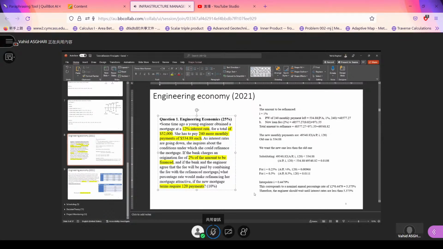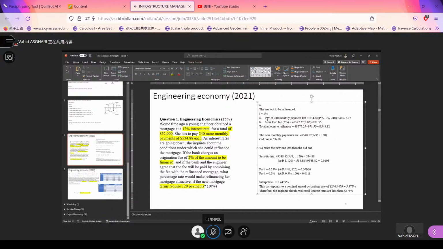So basically, it's finding a minimum attractive rate of return. It's finding that interest rate for two different cash flows. So let's see what this question wants from us.